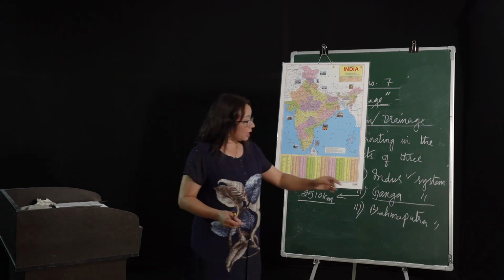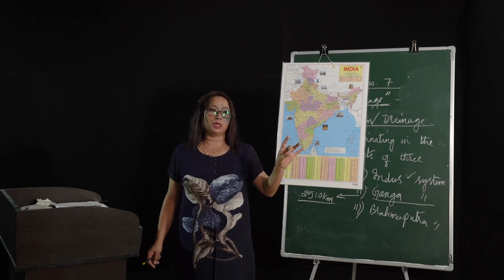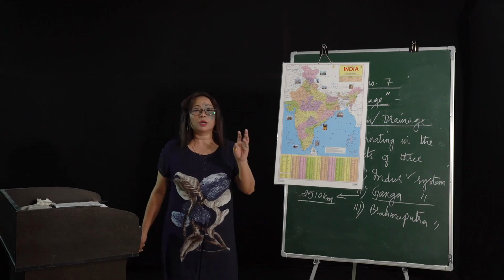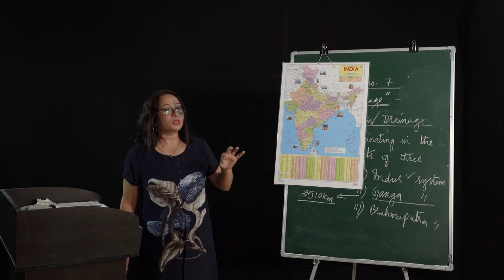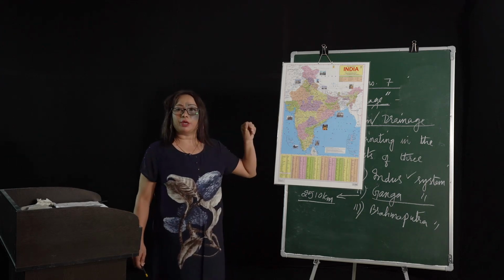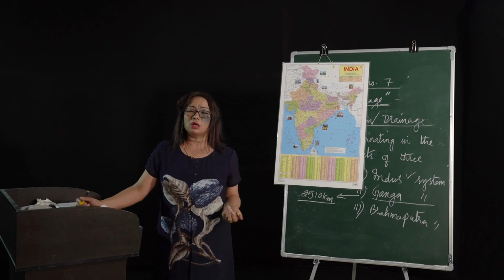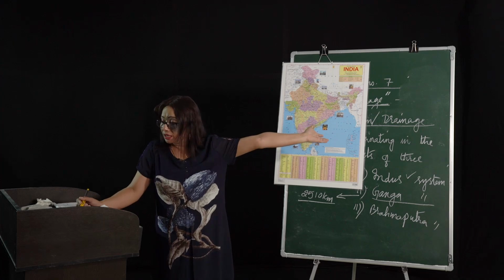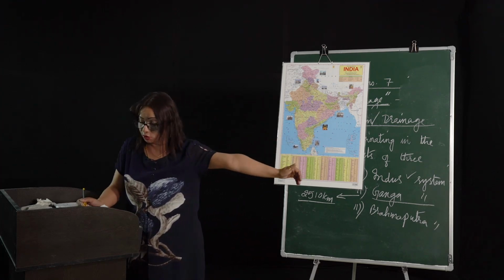The Ganga has 5 head streams: Bhagirathi, Alaknanda, Mandakini, Dauli Ganga and Pindar. Out of this, the Bhagirathi and the Alaknanda flow from different directions, and at Devaprayag they meet and form the Ganga. Now this Ganga flows down, and in Bangladesh it meets the Brahmaputra and becomes Padma. That same river is called Padma.